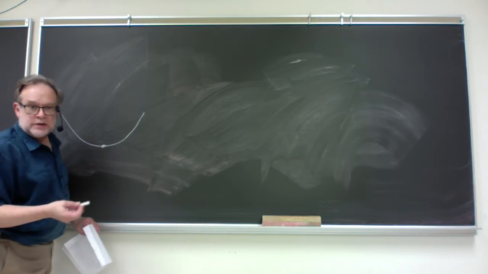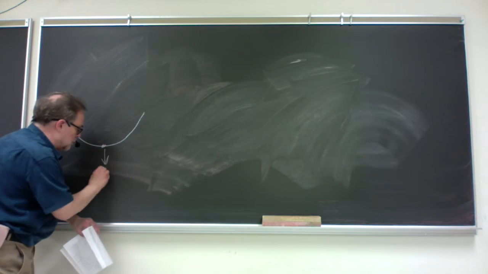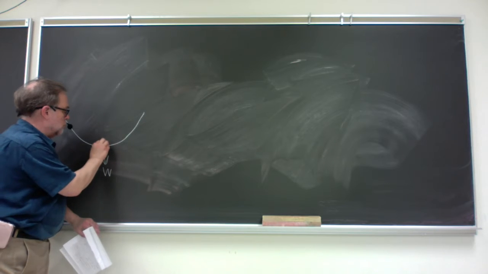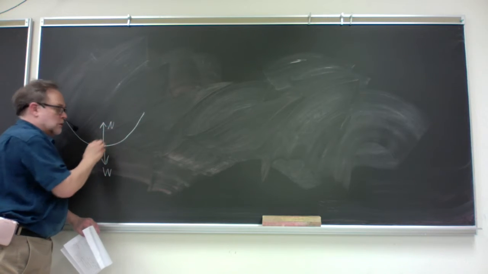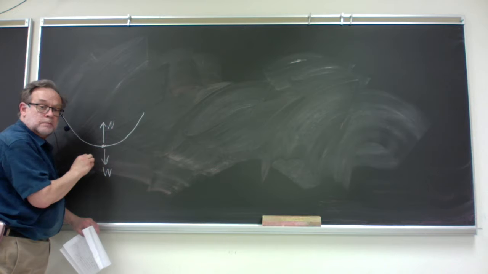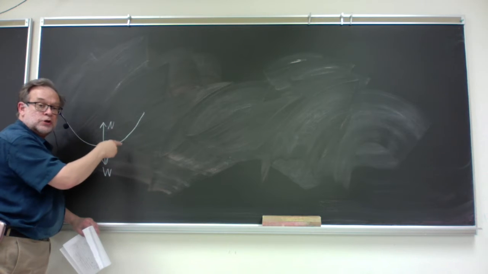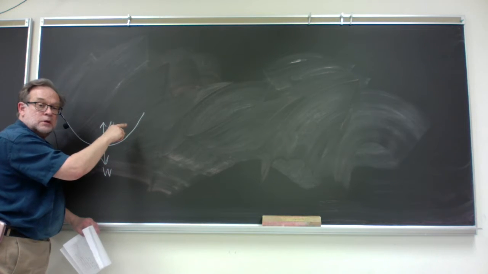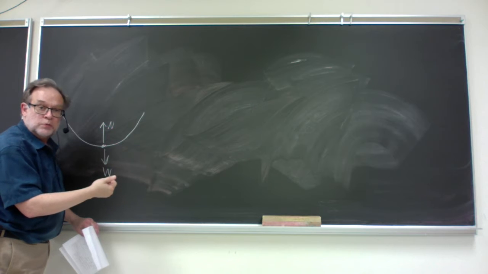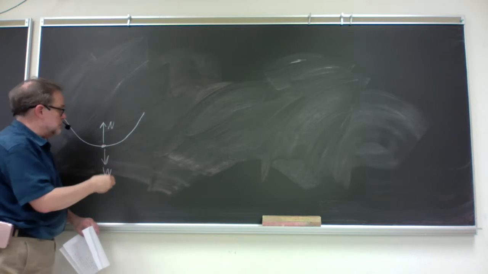And what forces are acting on you? Well, of course, as always, there's weight pulling down and a normal force from the road pushing up. But since you're in a circular path, there must be a centripetal force acting on you. That centripetal force points toward the center of the circle.